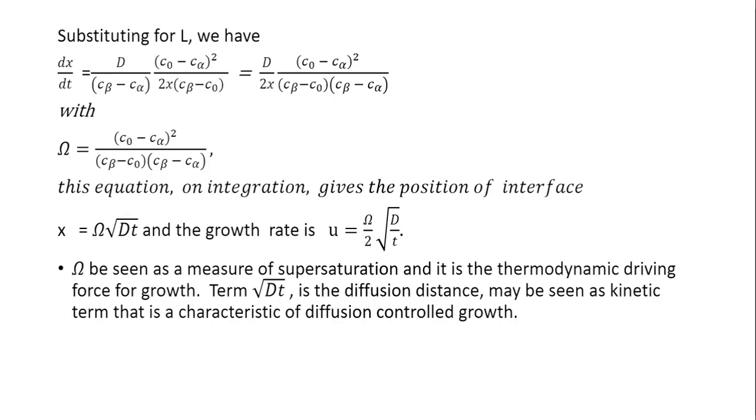One of the significant facts is that the growth rate is inversely proportional to the square root of t, and the dimension of the growing beta phase particle, which is x, varies as the square root of t. These are the significant outcomes of this model of diffusion controlled growth.